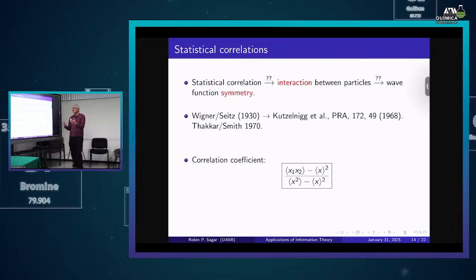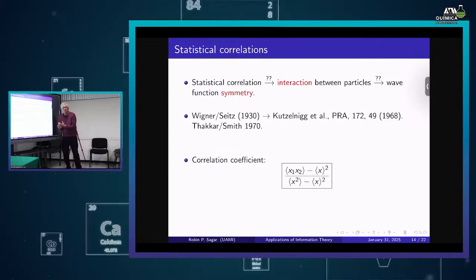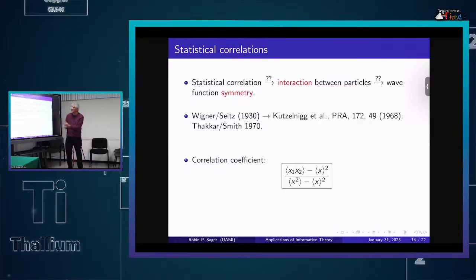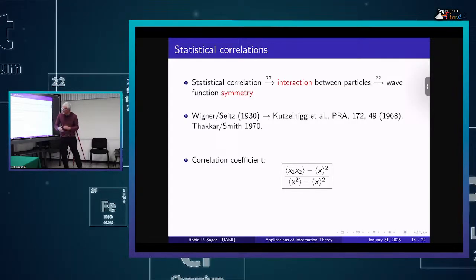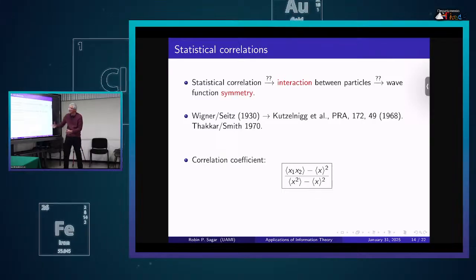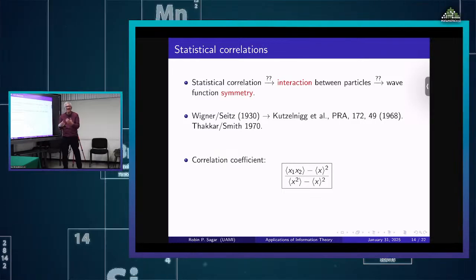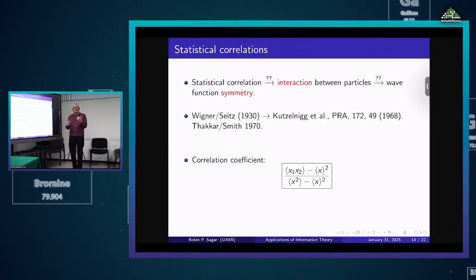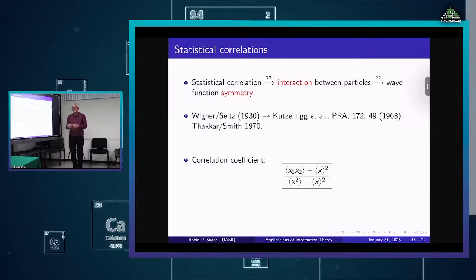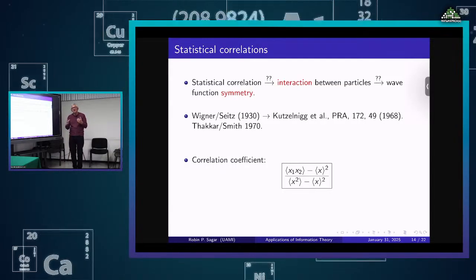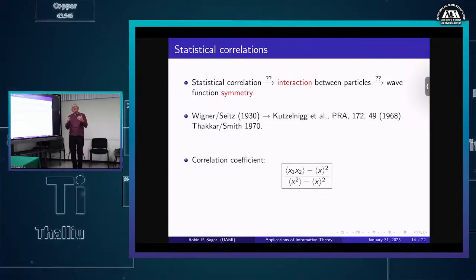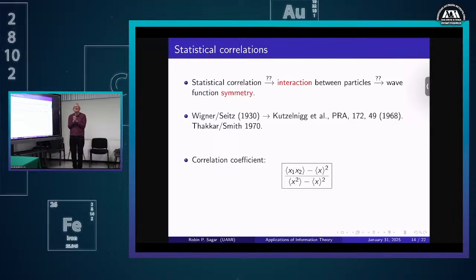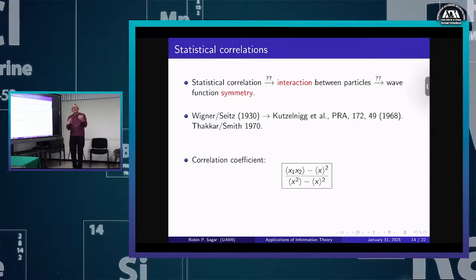Now you'll see this is a statistical correlation, and it is different from what we were discussing before with the correlation energy. It was studied later on by Thakkar and Smith. So what you're doing is applying the correlation coefficient, and the difference is that in the correlation energy, you're using the Hartree-Fock energy as a reference. One can argue that if you're thinking about a correlated calculation and the difference between these two energies, you're changing the system.